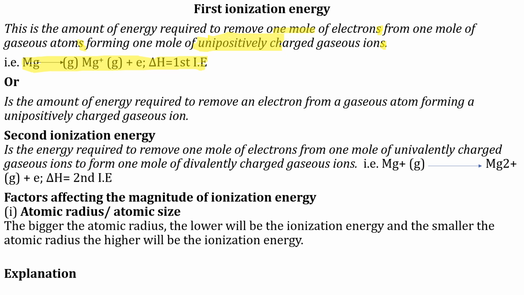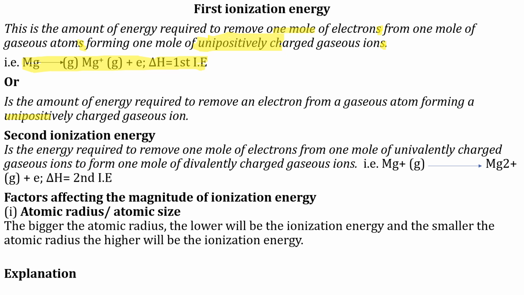The second alternative definition is the one in terms of singular. We are saying that first ionization energy is the amount of energy required to remove an electron from a gaseous atom, forming a positively charged gaseous ion.